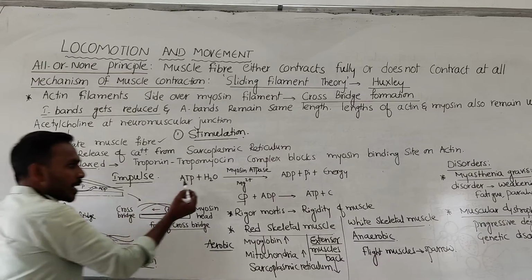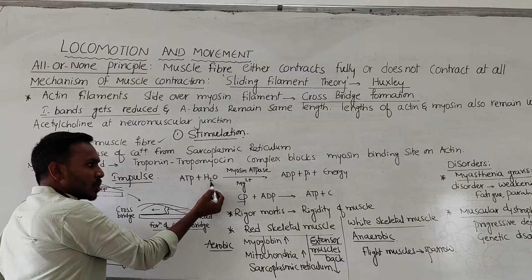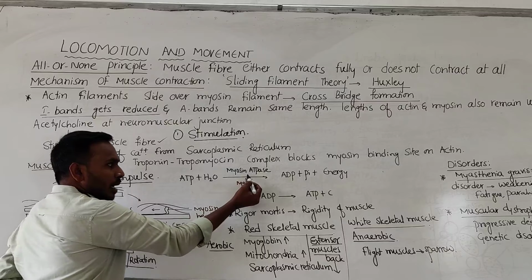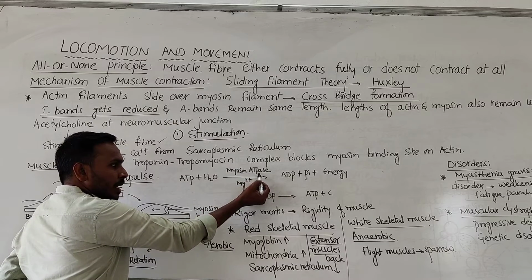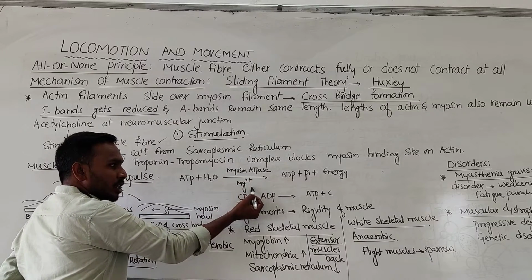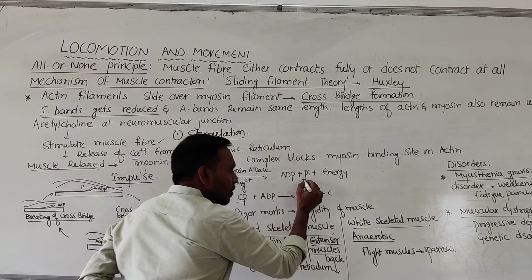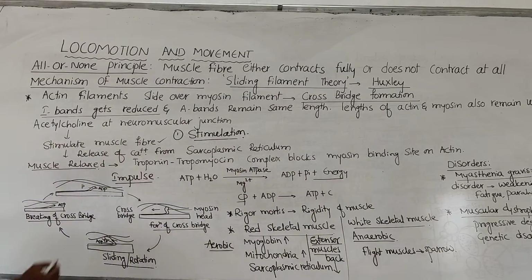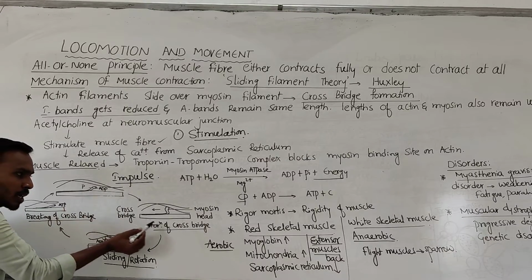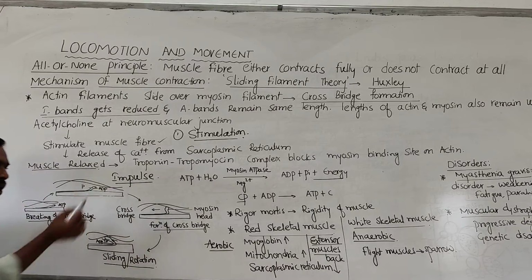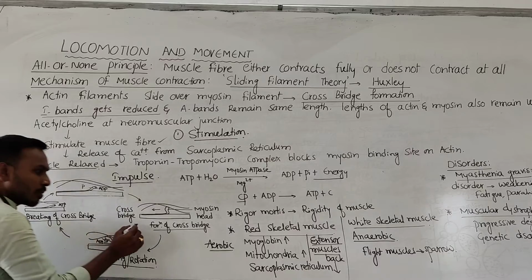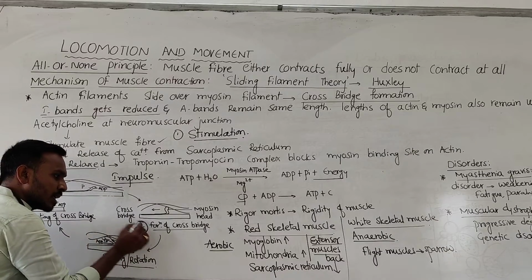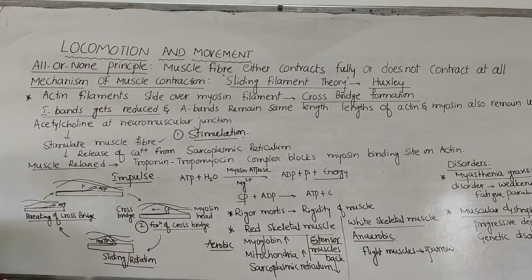The myosin ATPase, in the presence of water and magnesium ions, produces energy. This energy is used for formation of the cross bridge. So formation of the cross bridge is the second step during muscle contraction.